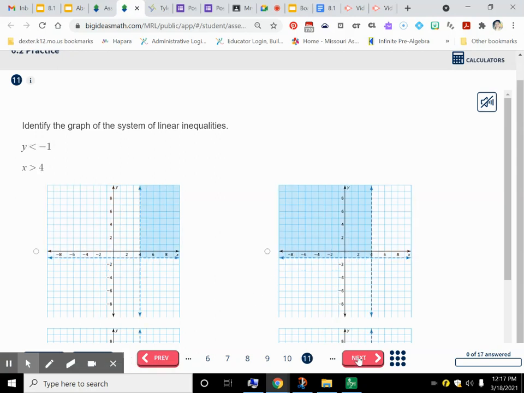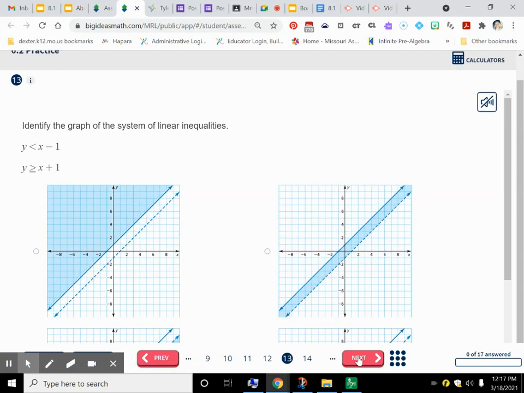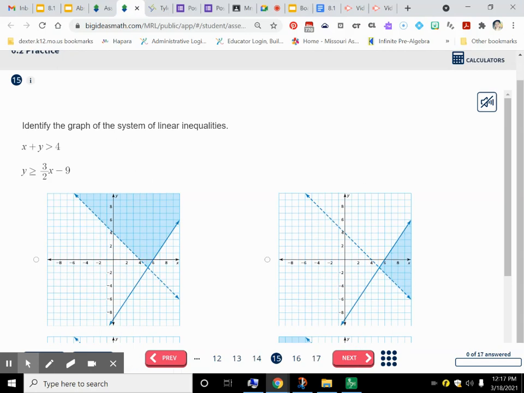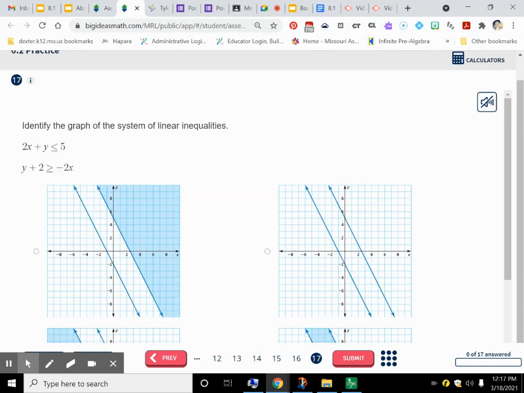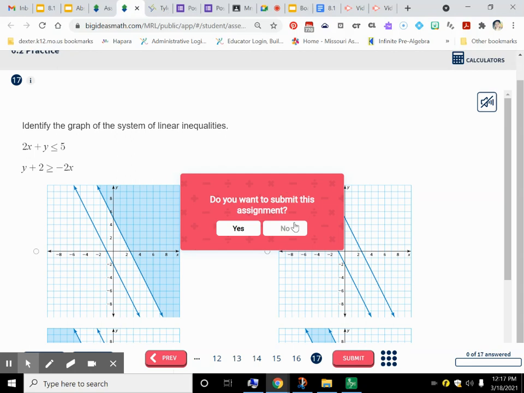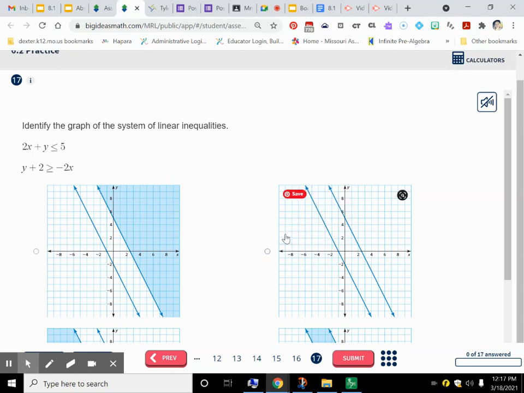So you'd graph for number 10, 11, 12, 13, 14, 15, 16, 17. So 10 through 17 need to be graphed. All right, before you get started, what questions do you have for me? Okay, all right, you're good to go ahead and get started.